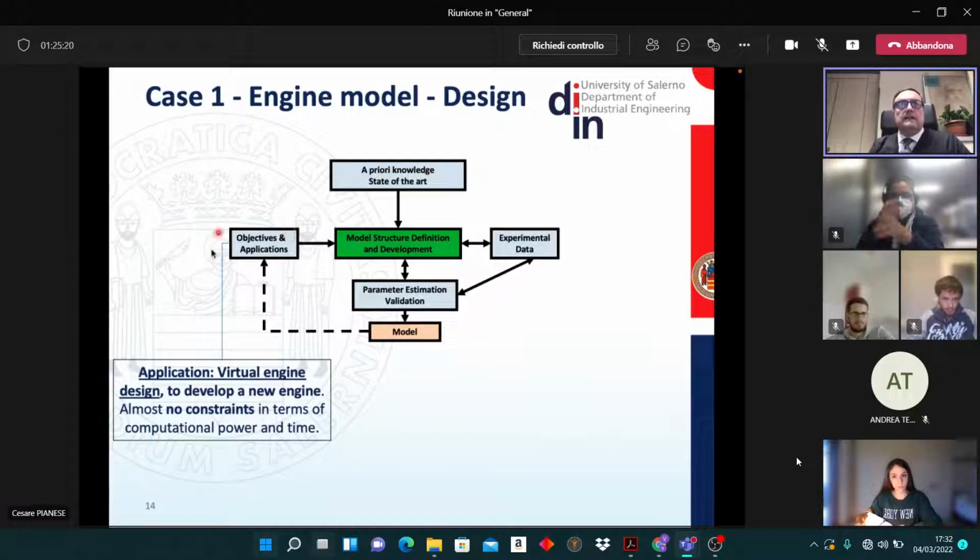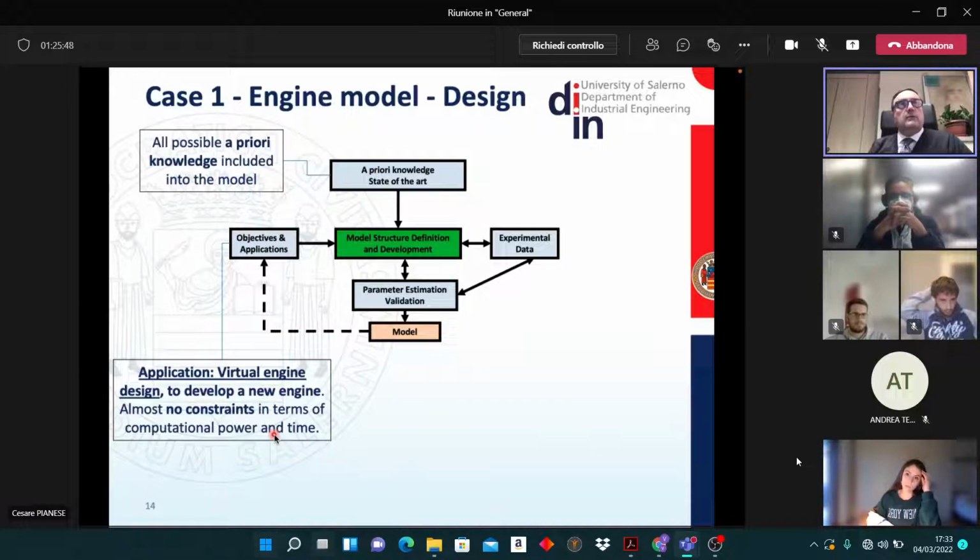For example, at this level, objective and application, we may have a virtual engine, and we want to have a virtual engine for the design of a new one, where at this level we don't have a constraint in terms of computational time. So here we have all possible a priori knowledge which should be included in the model.